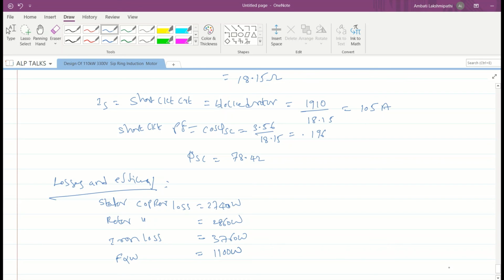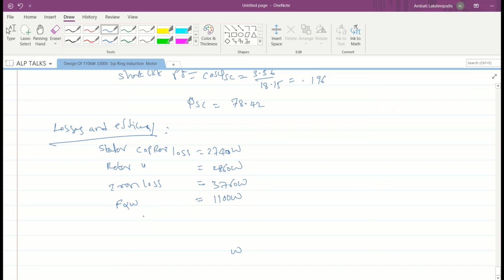So with this, let's summate everything. Let's calculate total losses at full load. That summates to 10460 watts. We know that output at full load is 110 kilowatt, that is 110,333.